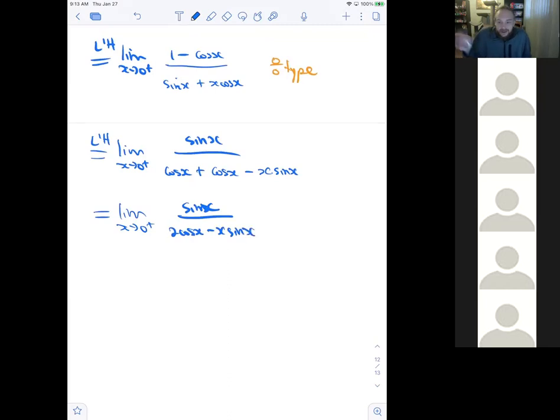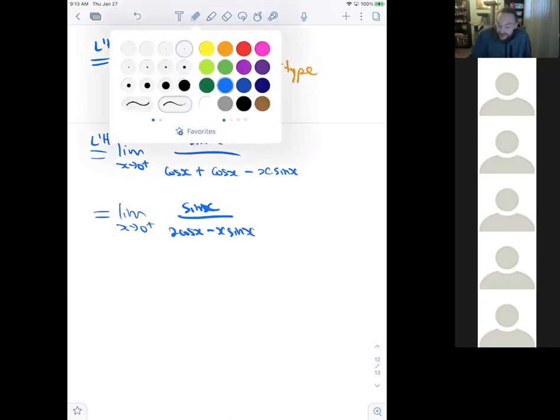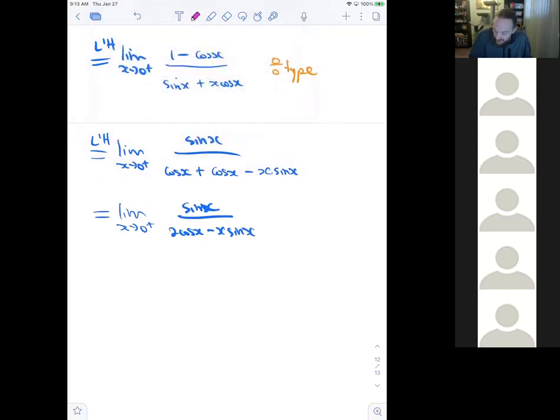The idea is now I don't have 0 over 0 type, I have 0 over 2 type, which is not L'Hospital's. You can just compute at this stage: 0.